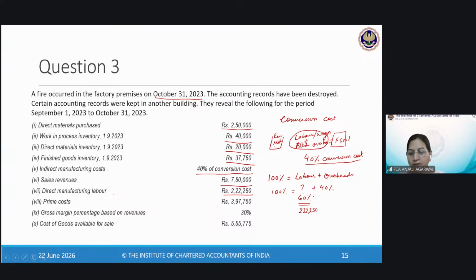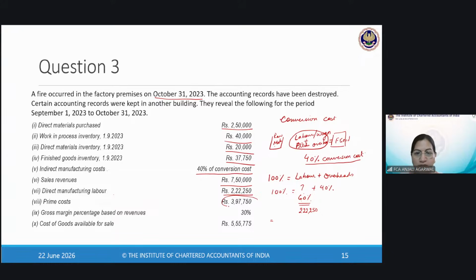So if 222,250 is your labor cost and it is 60% of the conversion cost, you can find out the total conversion cost by dividing 222,250 by 0.6.